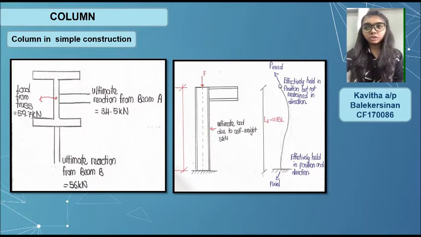The length of the column is 4 meters, which brings an ultimate load due to self weight of 5 kilonewton, the self weight of the column. For the nominal length, we have a few cases, but here we assumed that one end is fixed and the other end is pinned. Due to this case, the effective length LE we use is 0.85 L.